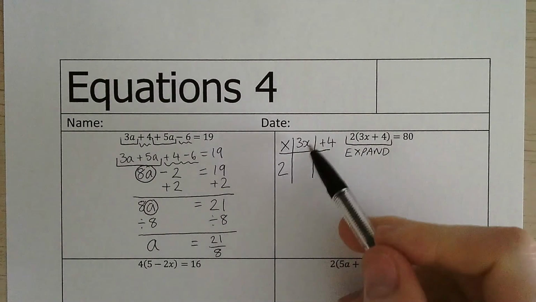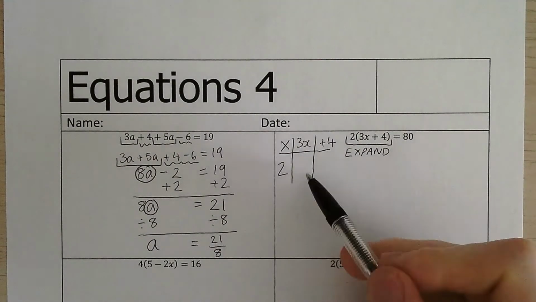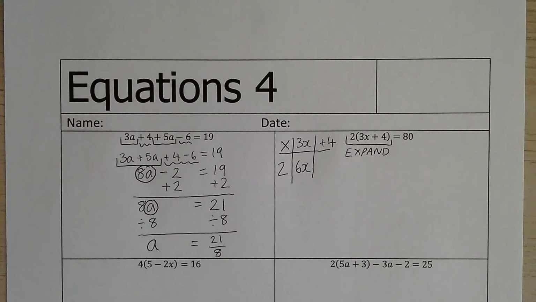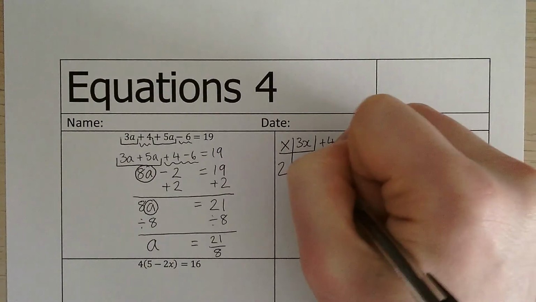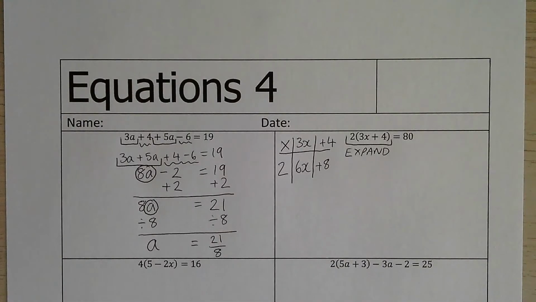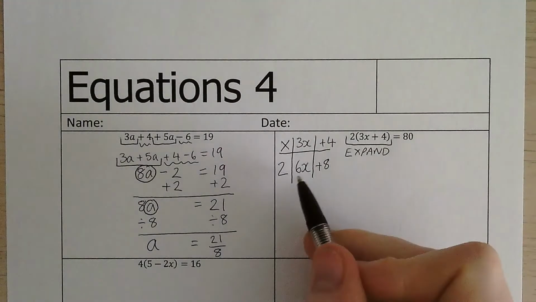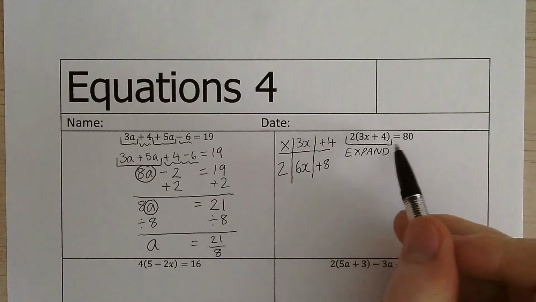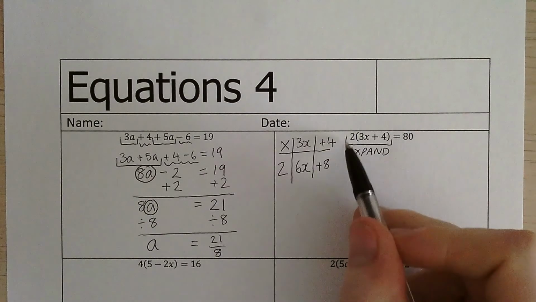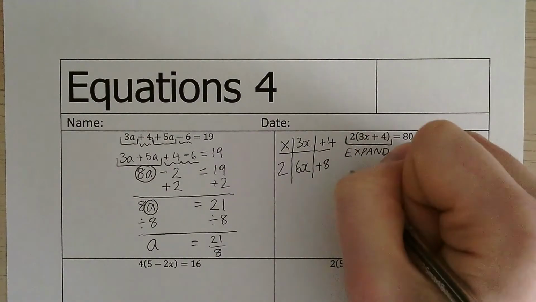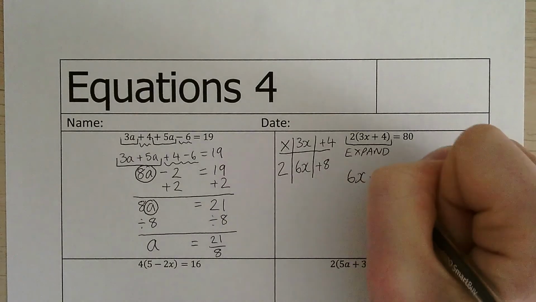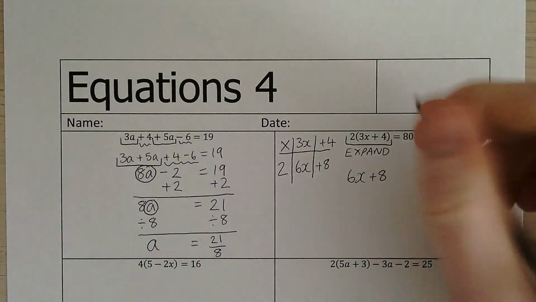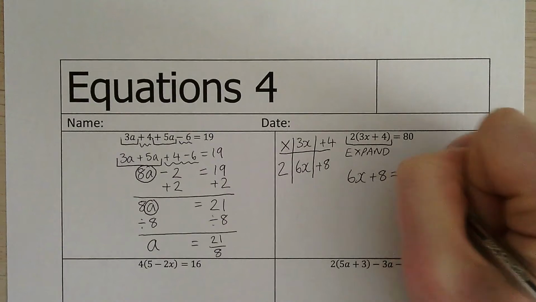And multiplying these terms together gives us 6x for 2 times 3x, and positive 8 for 2 times positive 4. These two terms we're going to write underneath the bracket, and we're going to drop down the equals 80 as that has not been used.